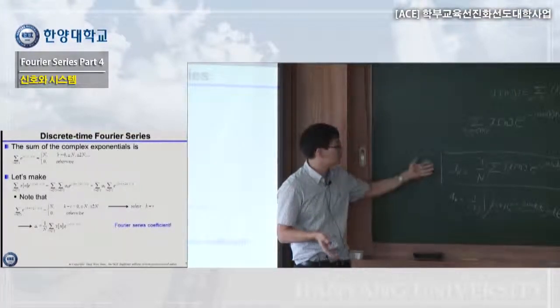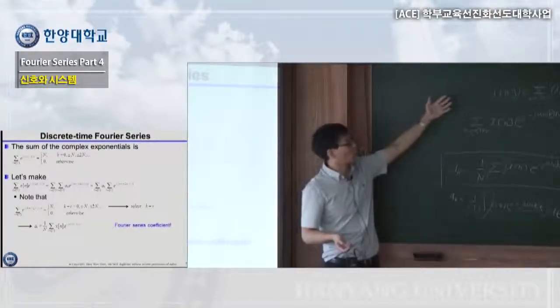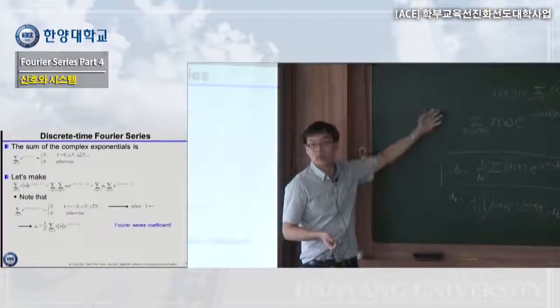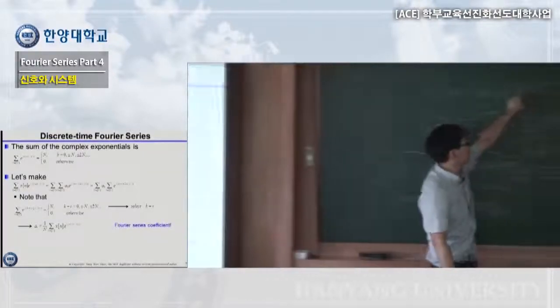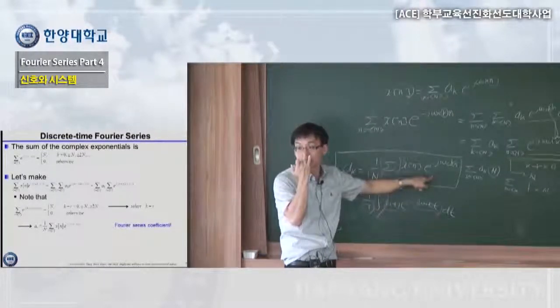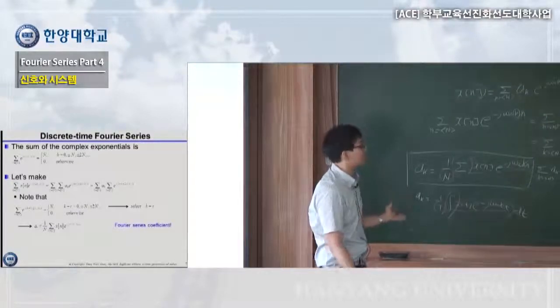In case of the original signal versus the coefficient, I explained that one of them has minus, one of them is plus. It's always paired like that. So you can think of them in the same way.